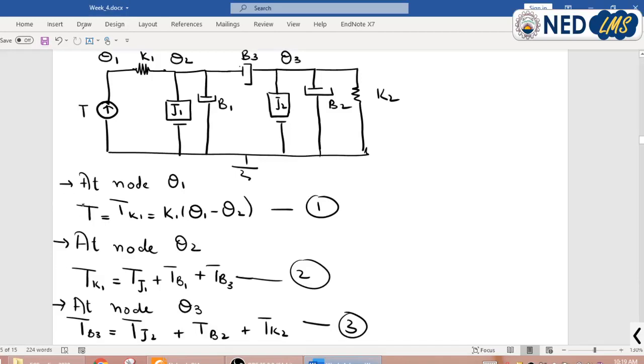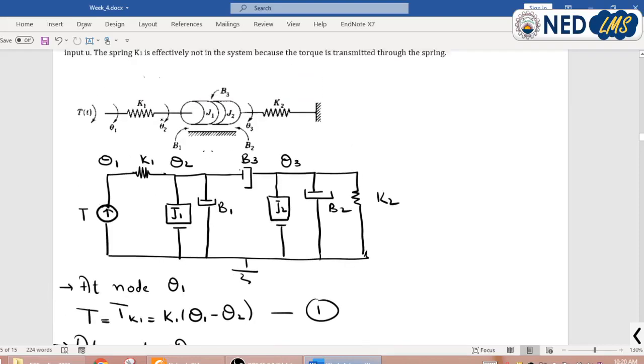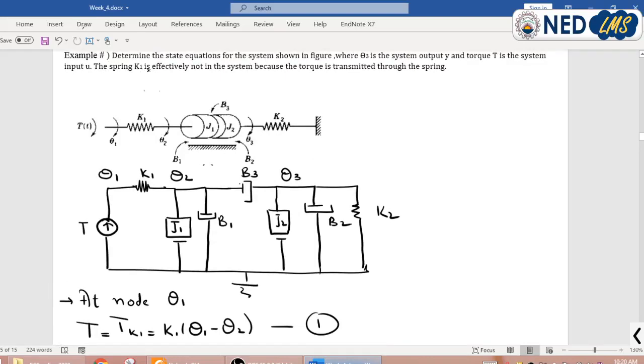Here we can see this input torque is equal to the torque produced by this spring. So we can say this spring is just transferring this input torque from here to here. This means that this is no more an effective part of this system. This is written here: the spring K1 is effectively not in the system because the torque is transmitted through this spring.